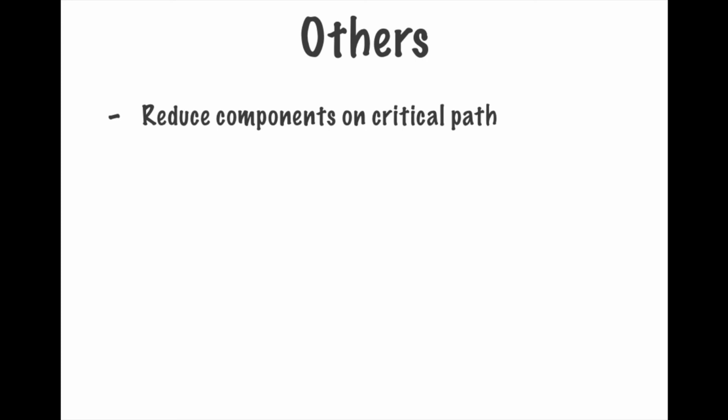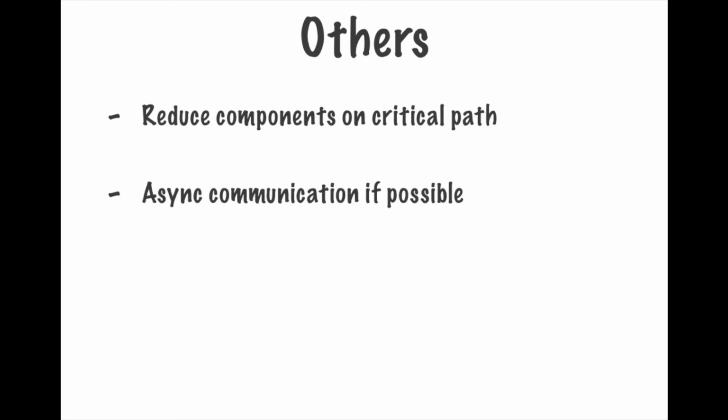So it is cached in each service, and even if this core service goes down, our services can still work with maybe stale configuration, but it will work for some time. So we were able to reduce a few components from our critical path. We also were able to change some synchronous communication to asynchronous where it was possible. It also helped us a lot.